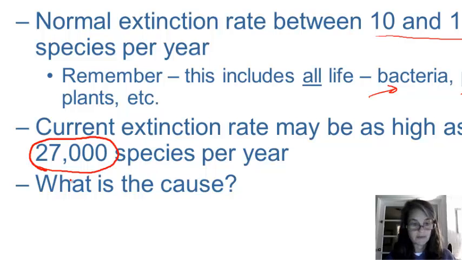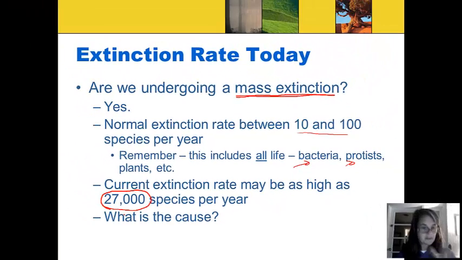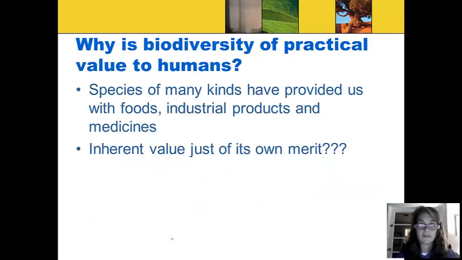I've heard higher numbers than that, but that's what your textbook says, so that's what we're going to go with. The cause is almost certainly our ever-expanding human population, which pushes into habitat where other living things still exist and removes the habitat, so there's no place for them to live.